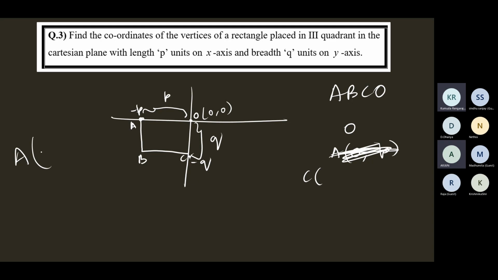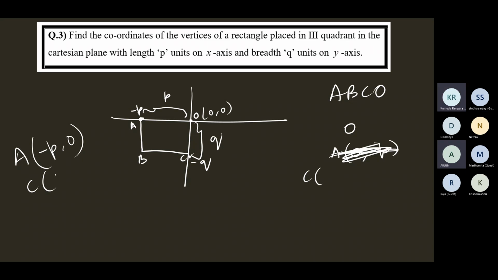What are the coordinates of A? Minus p, 0, ma'am. Minus P, 0. A is minus P, 0. I'm sorry for the blunder. What are the coordinates of C? 0, minus q.